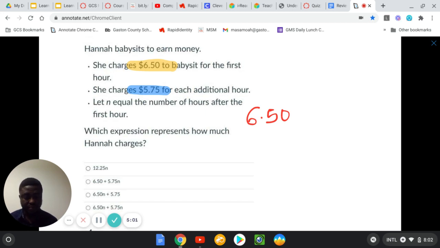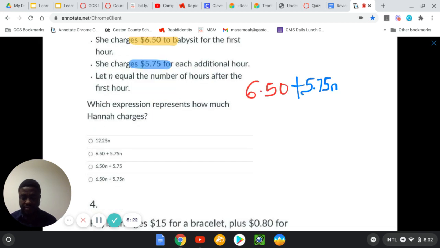So it will be plus 5.75n, because this n represents the number of hours after the first hour. So which expression goes for that? I think the answer is D. Oh, sorry, the answer is B.